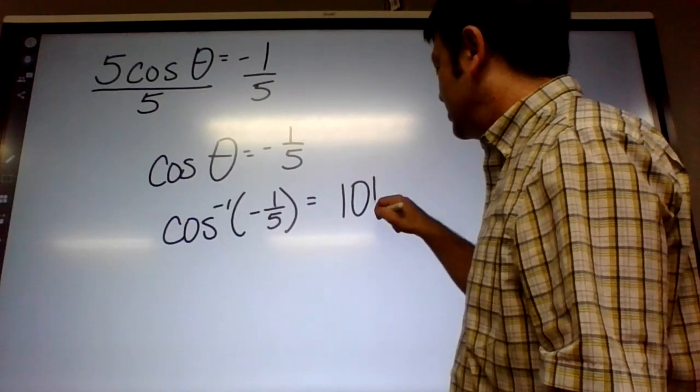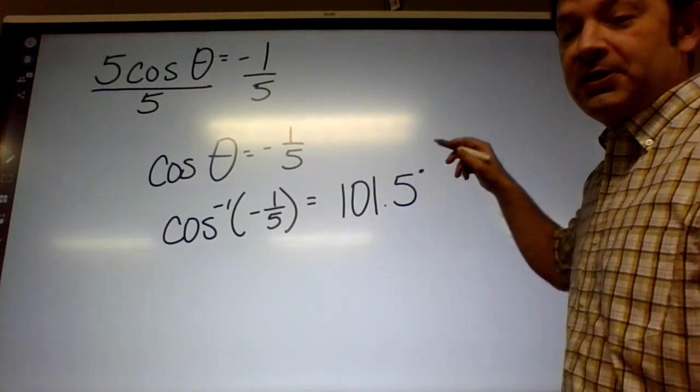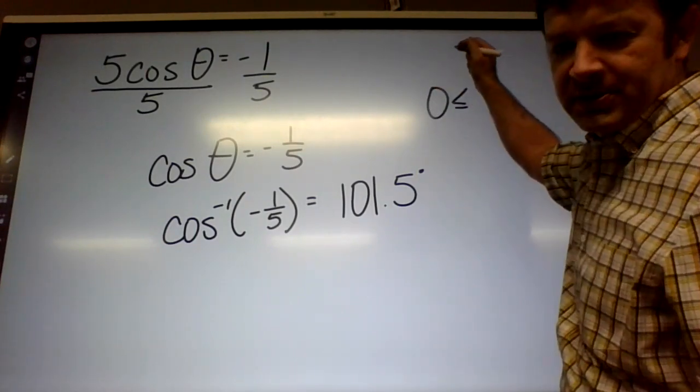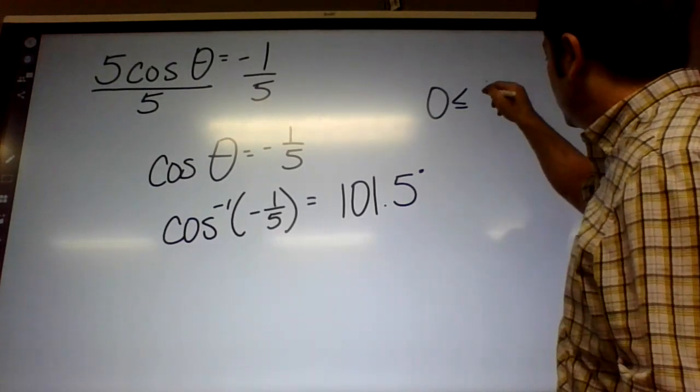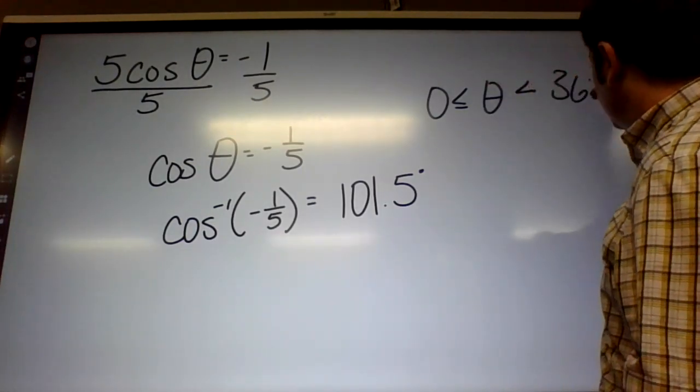Yeah, that sounds reasonable. Okay, here's the thing though, and this is the part you guys might have forgotten. It says for answers between 0 included and 360, 360 is not included.